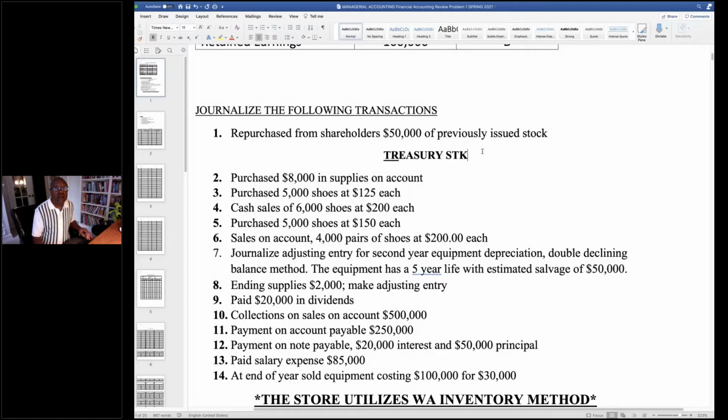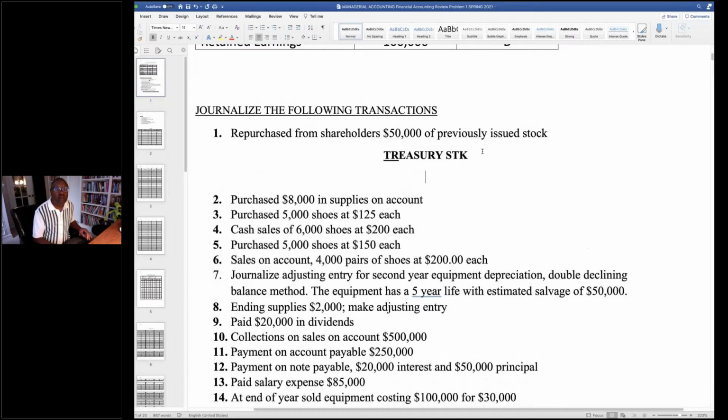And what are we going to credit? 50,000. Well, I was putting the accounts down. So we would debit treasury stock for 50,000, and we're going to credit cash for 50,000.